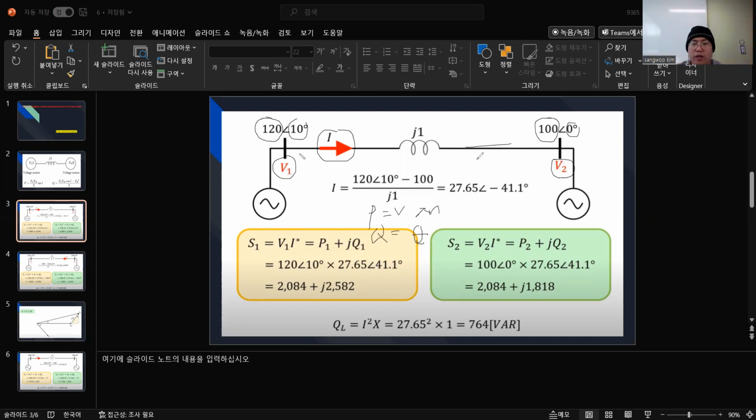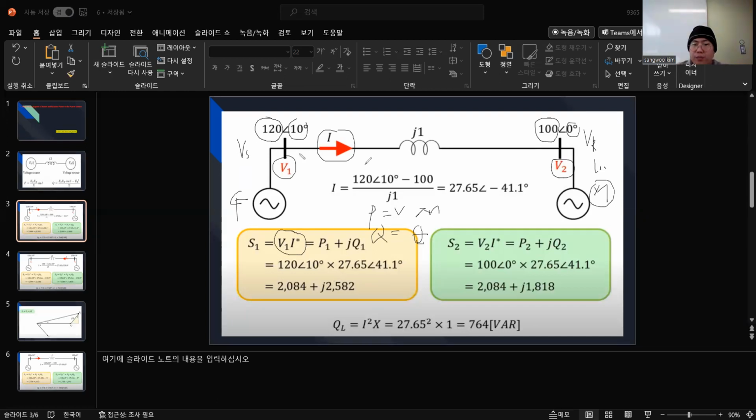If this is the generator part and this is the motor, like our load, then this is Vs, the sending voltage, and here is Vr, the receiving voltage. So we already learned why we conjugate the I, you know what I mean? Because our system is generally lagging, right?